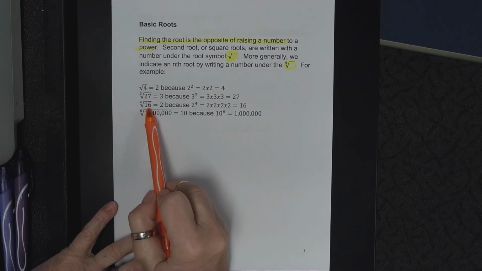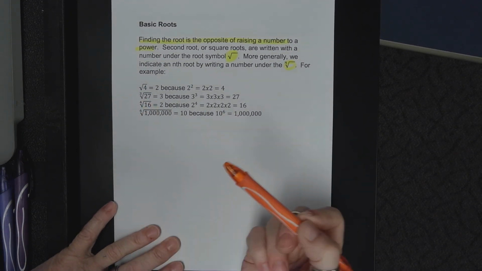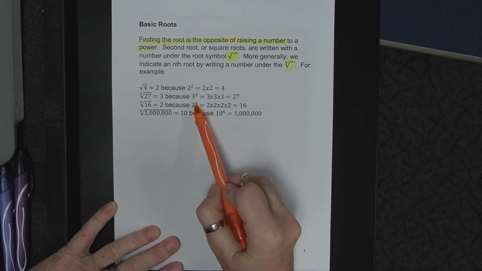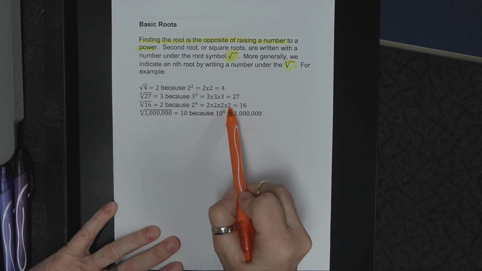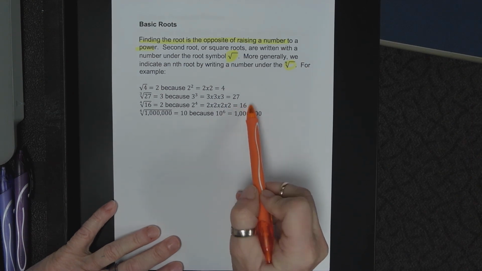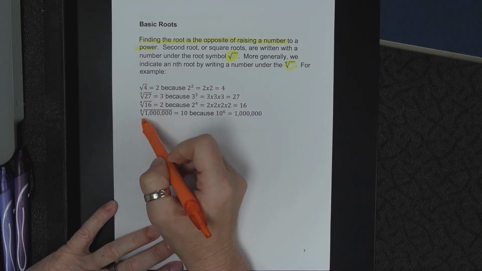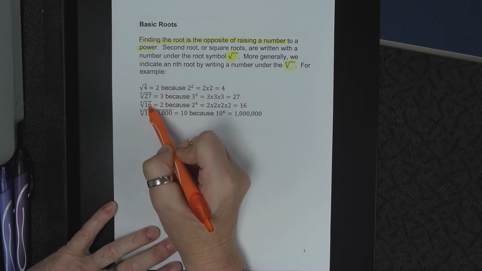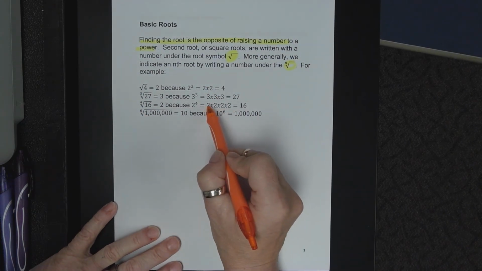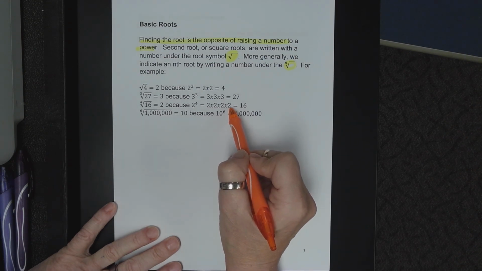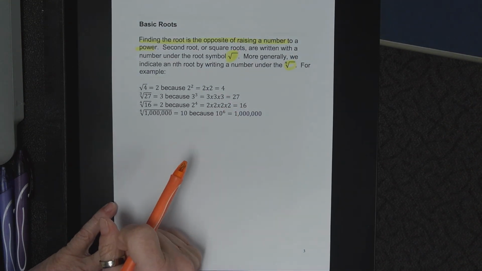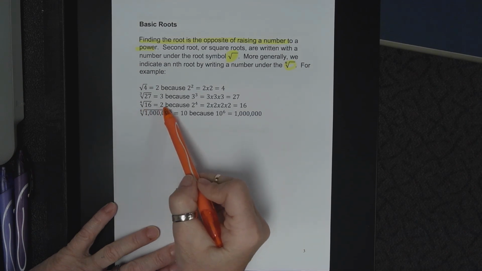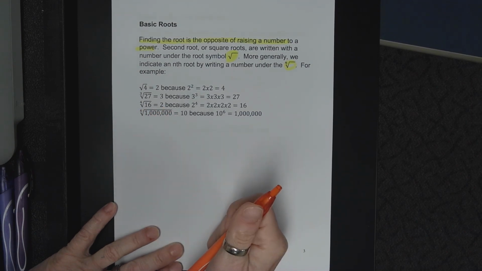The fourth root of 16 is 2. Same reasoning, because 2 raised to the fourth power is 2 times 2 times 2 times 2, which equals 16. So what this means is, what number did you use 4 of to make 16? When we step over here, we see we took 4 2s to make 16, right? Here again, what number did you use 6 of to make a million?